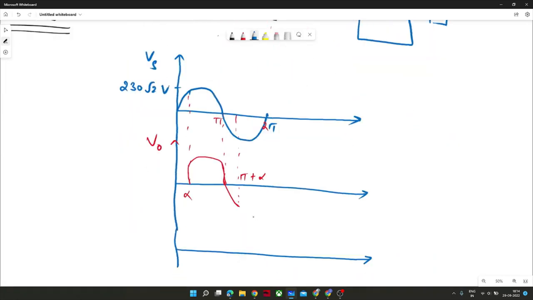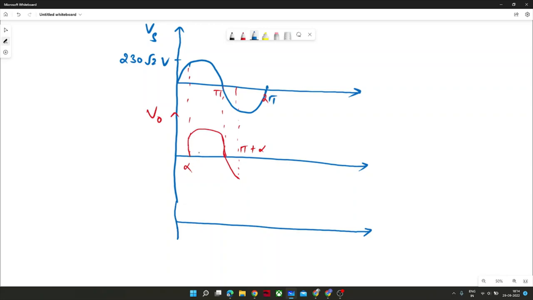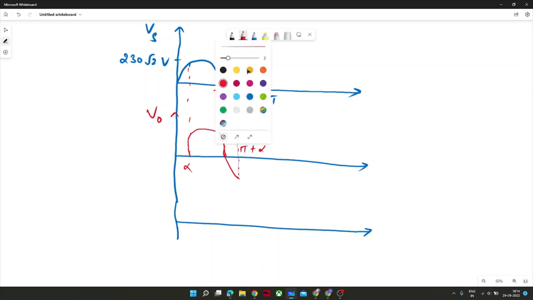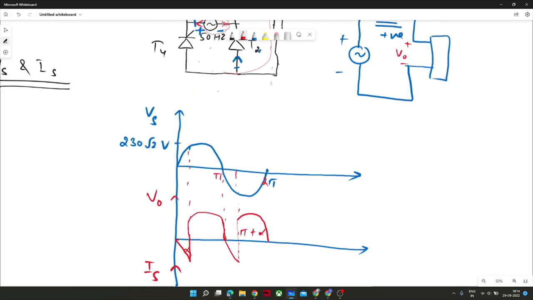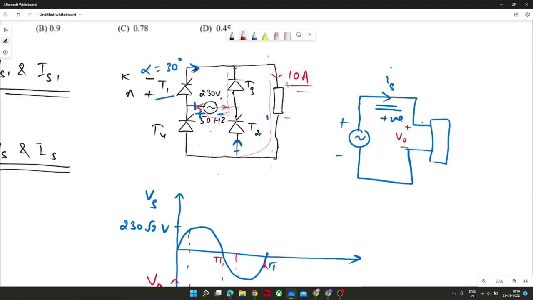So I was telling that this could be the waveform of V naught and it will repeat for the other cycle in similar manner. Any doubt till this point? Now, the time is to show the current waveform of IS, right? IS will be always I naught, and this was I naught.